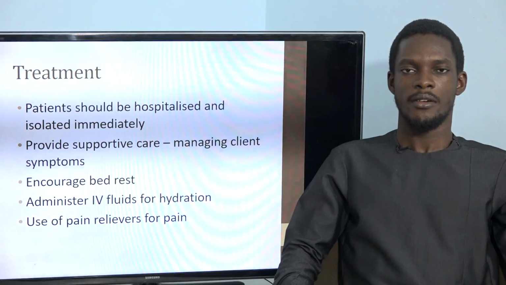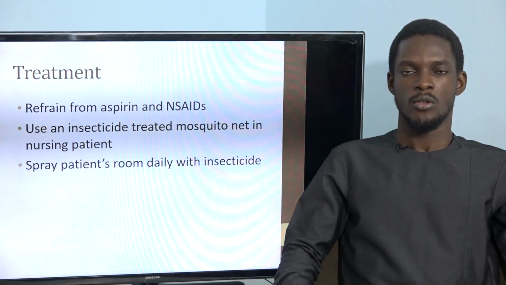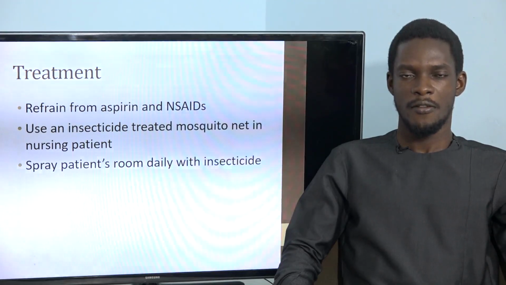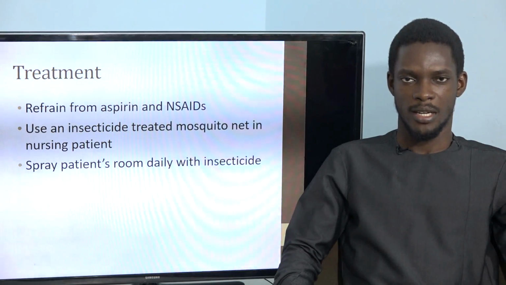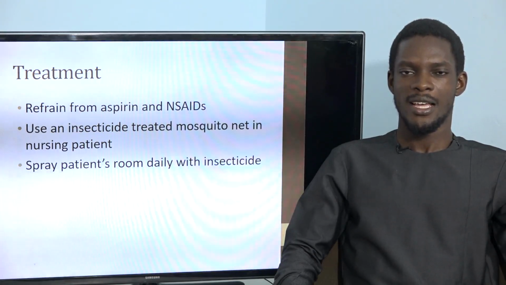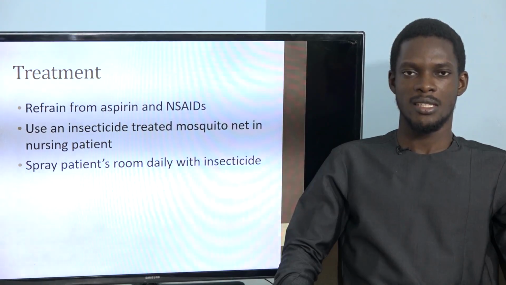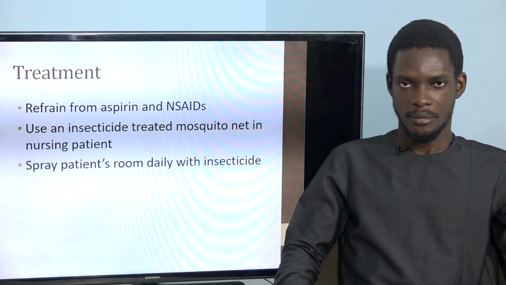You want to encourage bed rest, administer IV fluids for hydration, and use pain relievers due to the severe pains. You want to refrain from aspirin and NSAIDs. You are refraining from NSAIDs because most NSAIDs are metabolized in the liver.